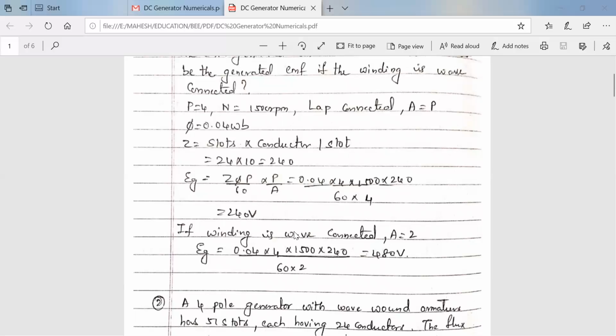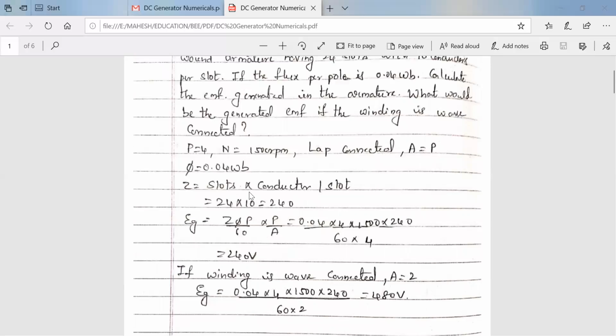So on substituting the numerical values, that is number of conductors, here the number of conductors is not given directly. If you want to calculate the number of conductors, we have the formula, that is number of slots into number of conductors per slot.